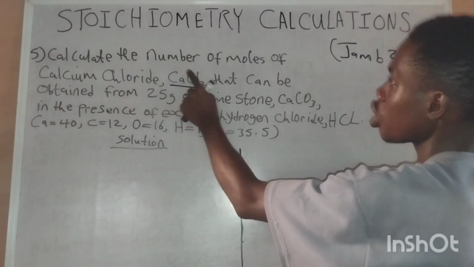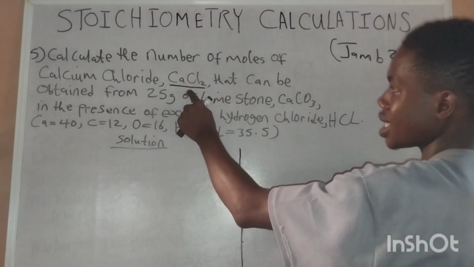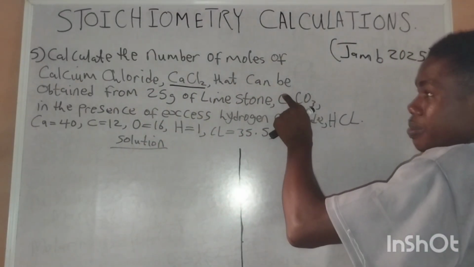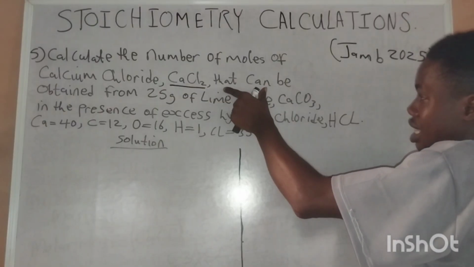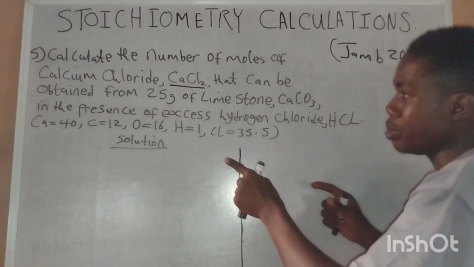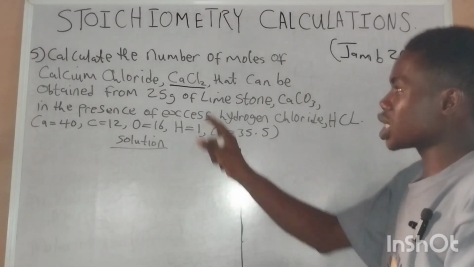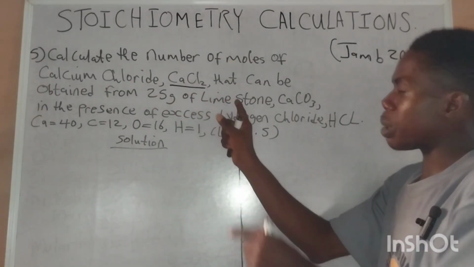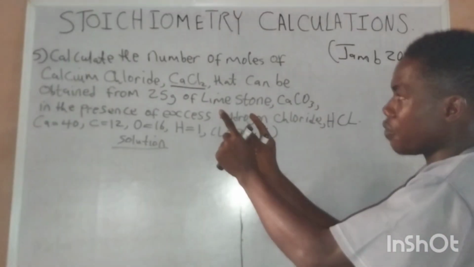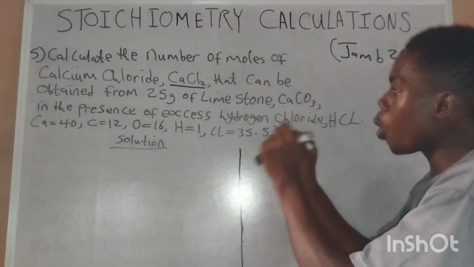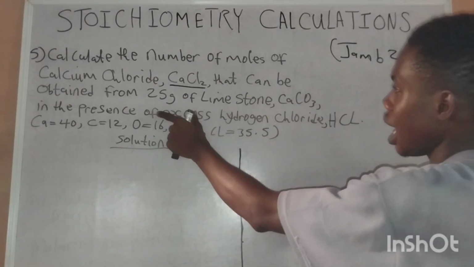The question says calculate the number of moles of calcium chloride that can be obtained. Since they wrote that it can be obtained, it means some compounds went into reaction that lead to this calcium chloride as part of the product formed.